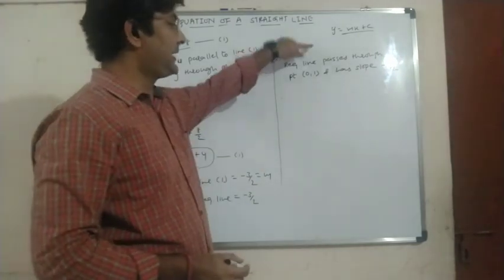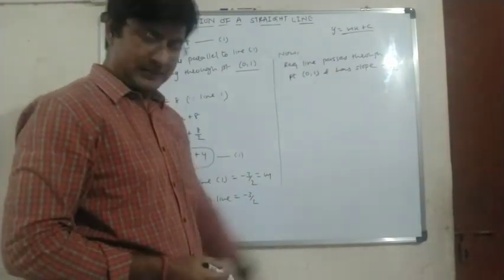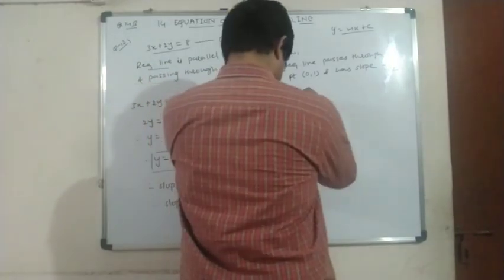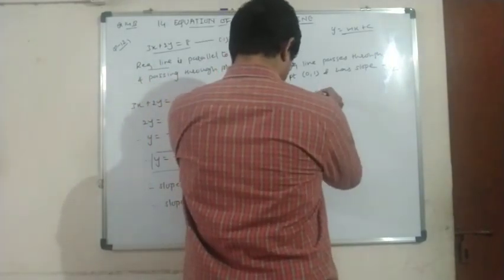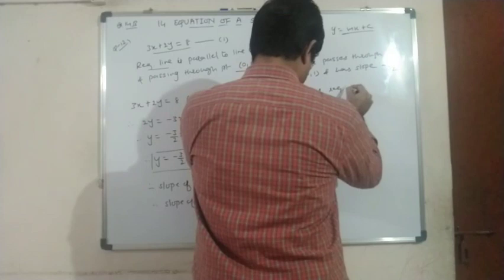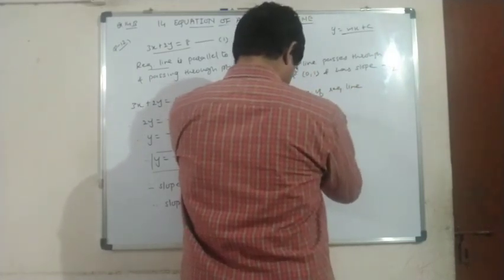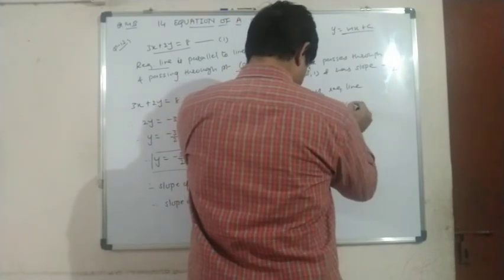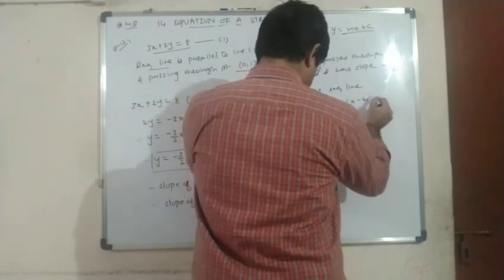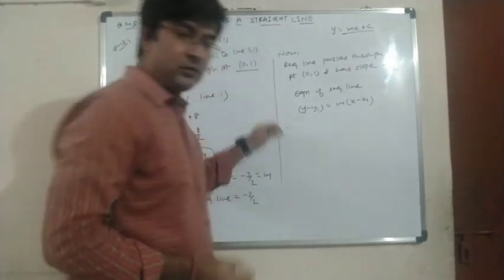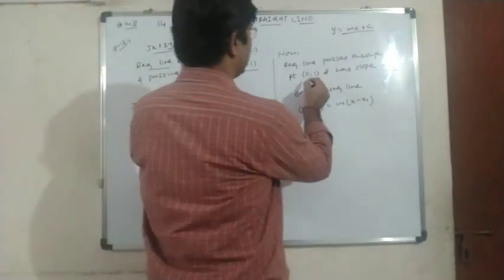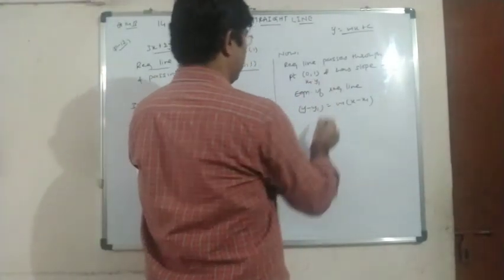Now the required line passes through this point and has slope -3/2, and therefore the equation of the required line will be given by y - y1 = m(x - x1). Okay, x1, y1 are the coordinates of the given point.